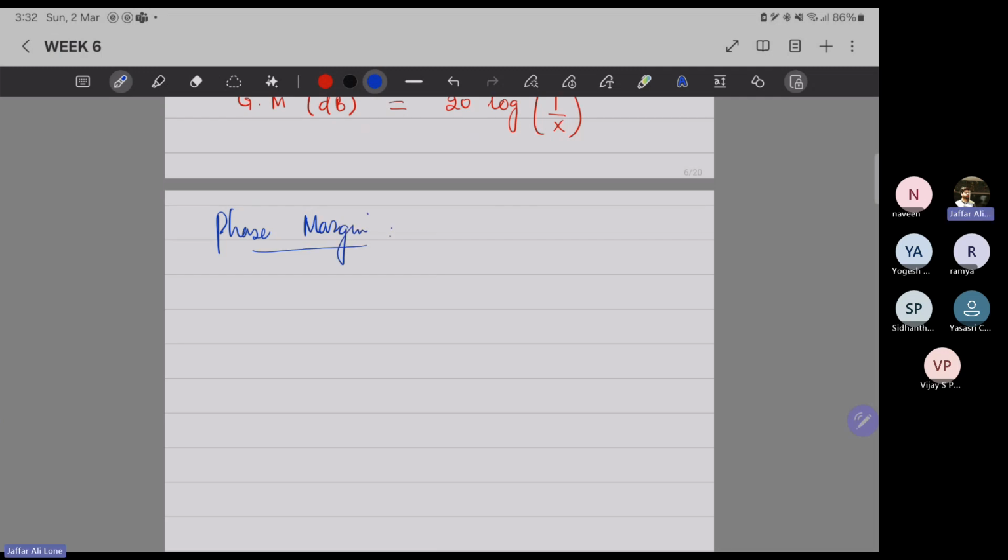The phase margin, I'm just writing, is the additional amount of phase lag at the gain crossover frequency. So first, let me define what is gain crossover frequency. The gain crossover frequency is the frequency where the magnitude of G(jω)H(jω) at gain crossover frequency is equal to 1, right?